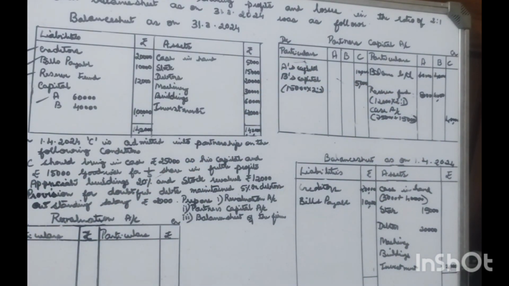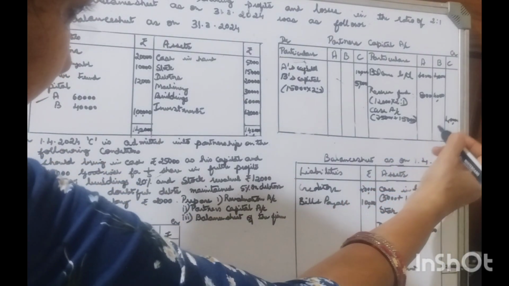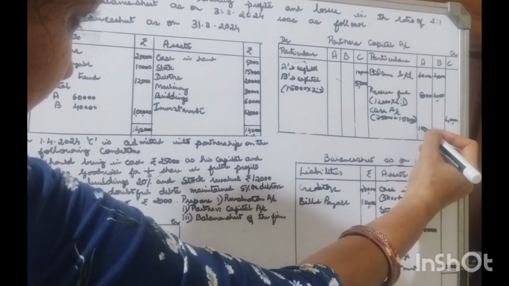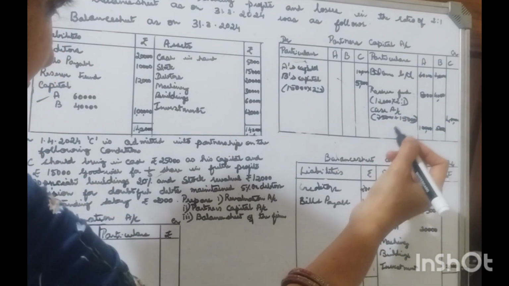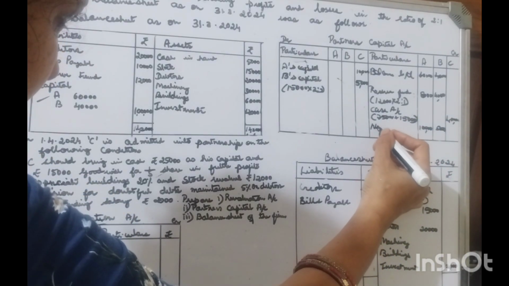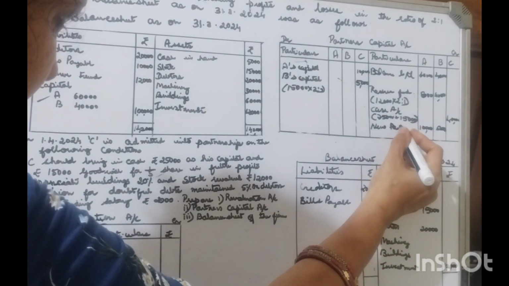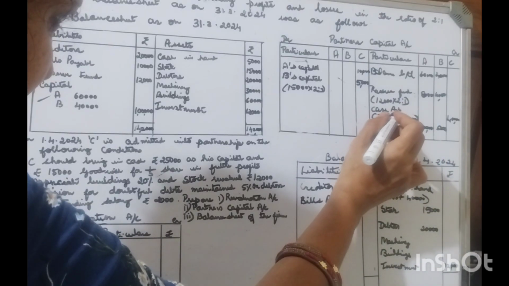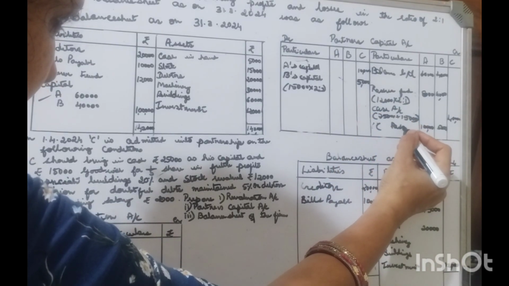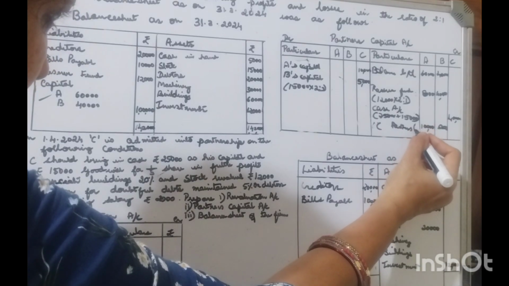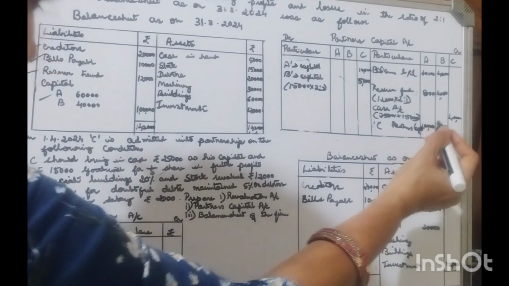So old partners capital account has to be credited with new partner's. C is the new partner. So new partner's capital account. This is the entry.